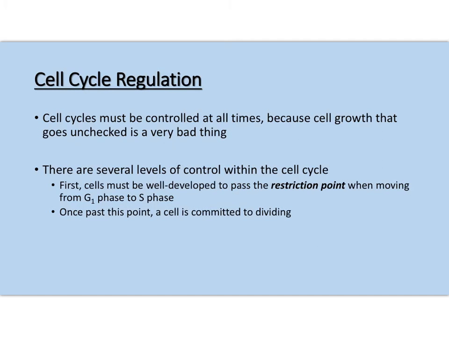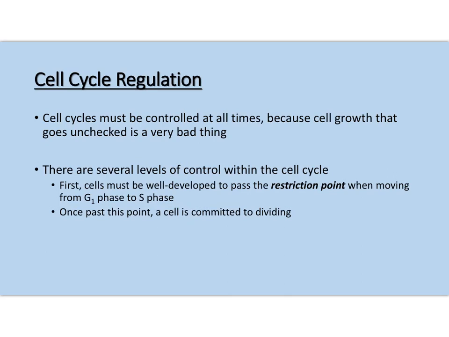And that big problem is something else that you're studying right now, which is cancer. So your body has several different levels of control within the cell cycle that help ensure that cells accurately replicate, so cells make good copies of themselves, but also that cells copy themselves enough, but not too much.